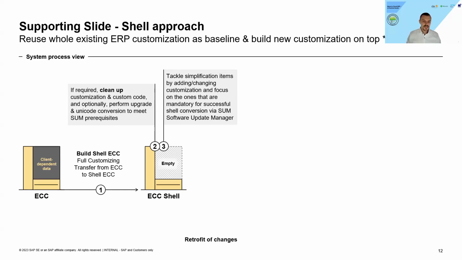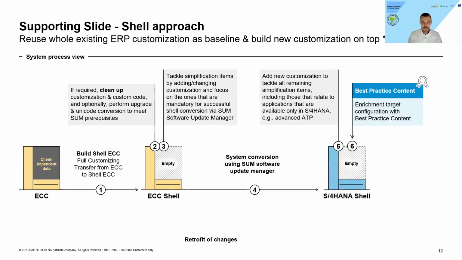And then preparing everything which goes in the direction of the SUM, bringing the shell to the S/4HANA data model, including not just the S/4HANA software, of course, but also all the best practice content, having this in the shell and really being prepared for the selective data transition.